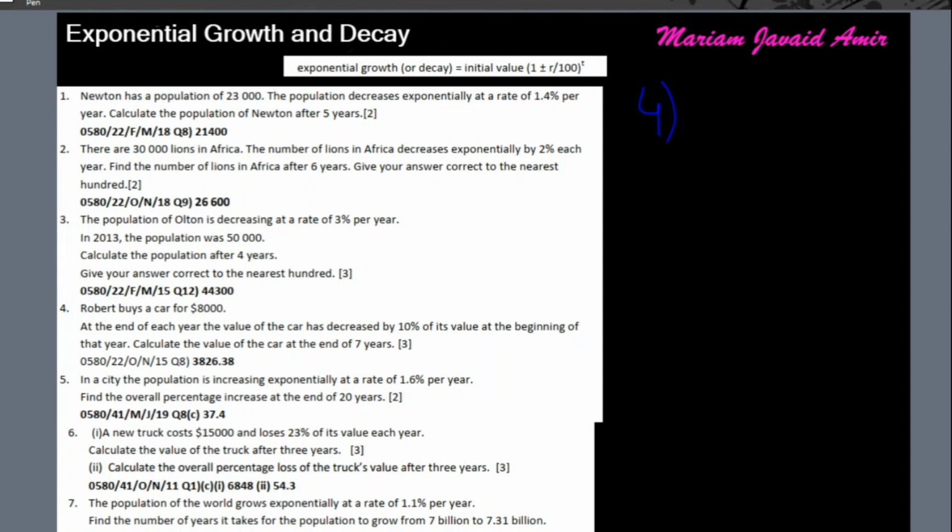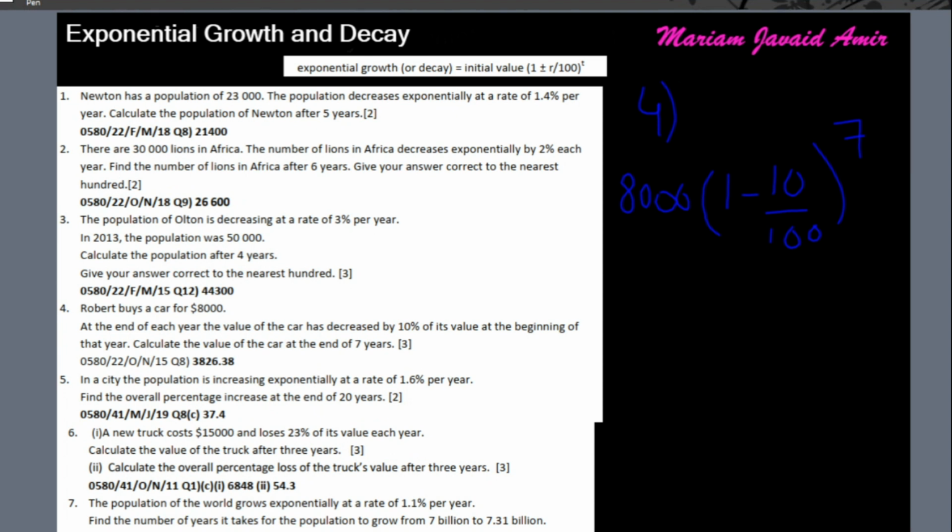So we simply substitute the values. The original value is 8,000, and then 1 minus, since it's a decrease, rate 10 over 100, to the power 7.